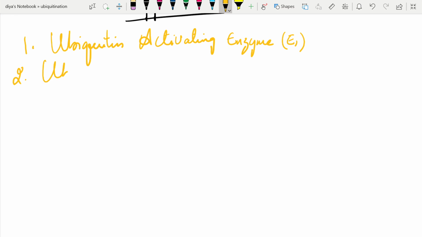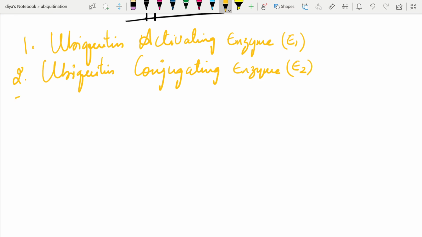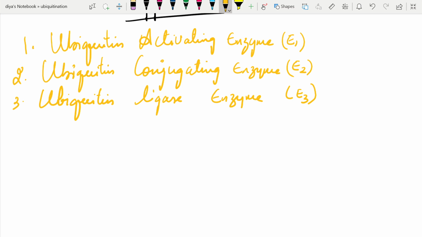Second is the ubiquitin conjugating enzyme, called the E2 enzyme. And the third one is the ubiquitin ligase enzyme, also called the E3 enzyme.